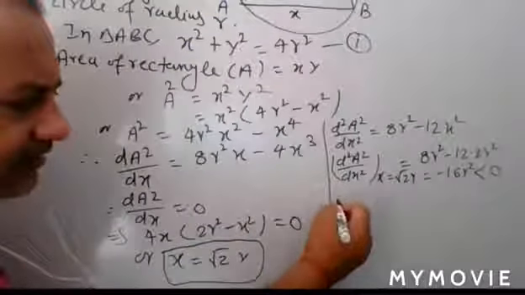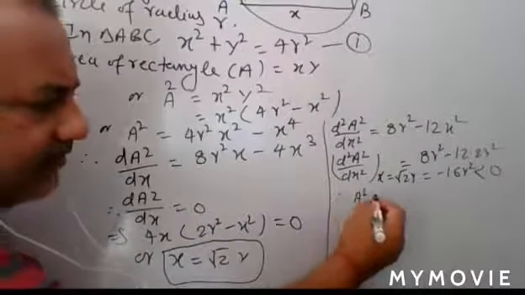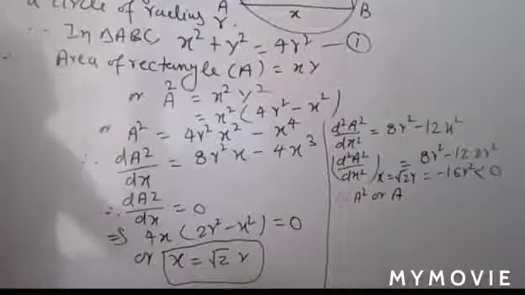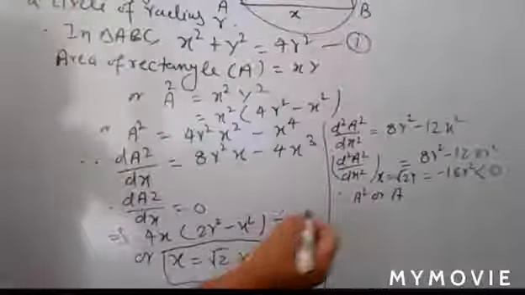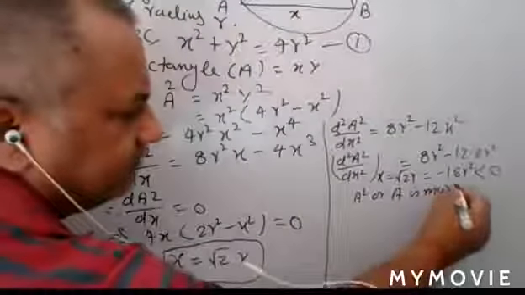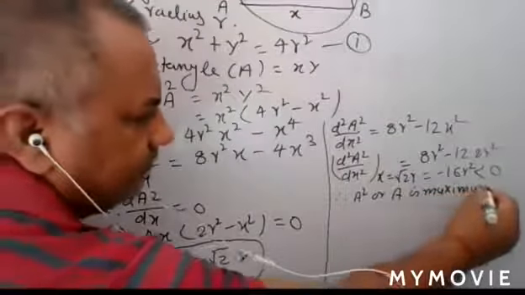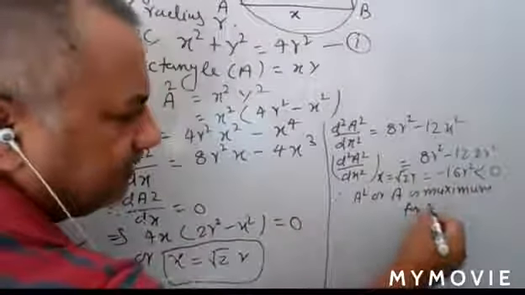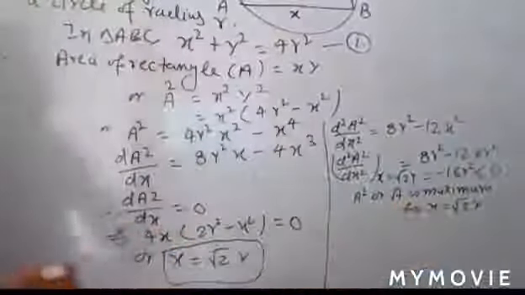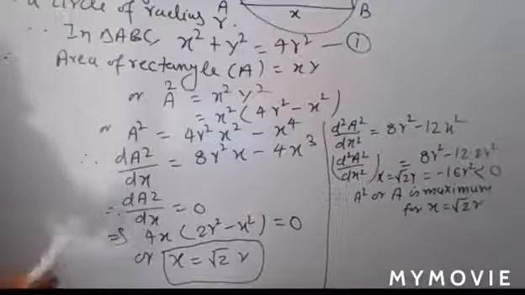Hence A square, or A, is maximum for x equal to root 2r.